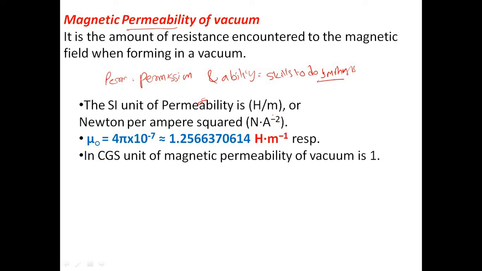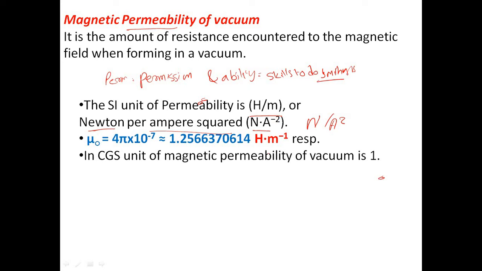The SI unit of permeability is H per m. Here we can see H per m is the SI unit of magnetic permeability, and it also has another form, Newton per ampere square, N per A squared. We can convert this unit.